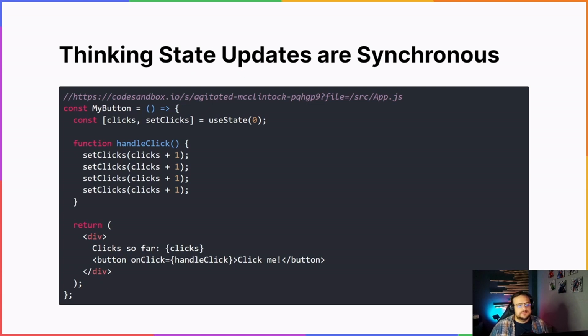Essentially, this sample code here is very exaggerated, but it proves the point. If you were to run this example, and you can do it with the URL shown on the comment there, you will see that whenever you click the button, the value of the state variable clicks is only updated by 1, not by 4, as you would expect if you were to think of state updates as synchronous behavior.